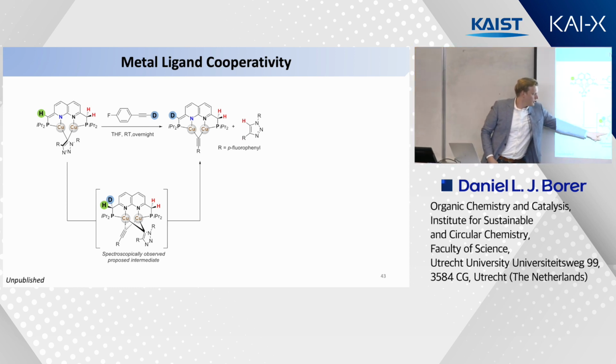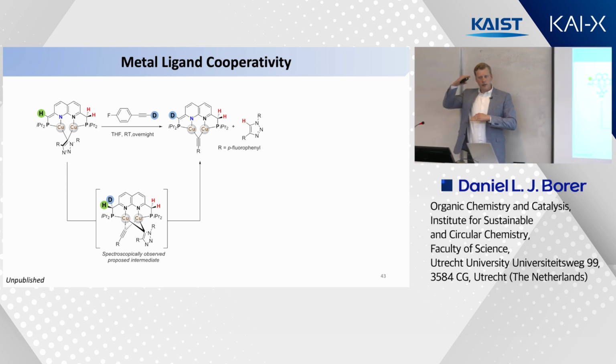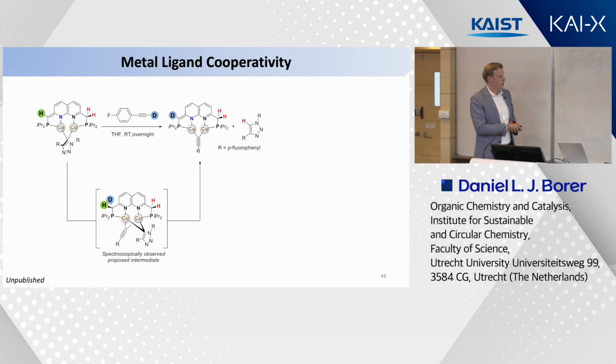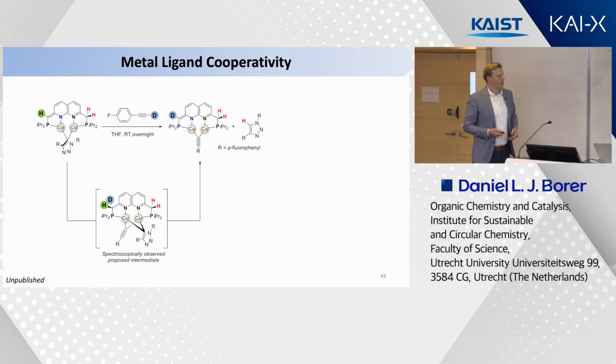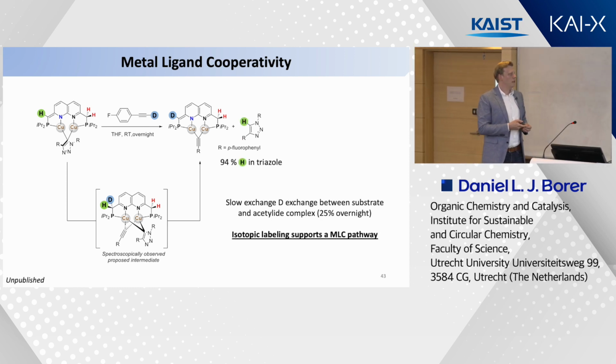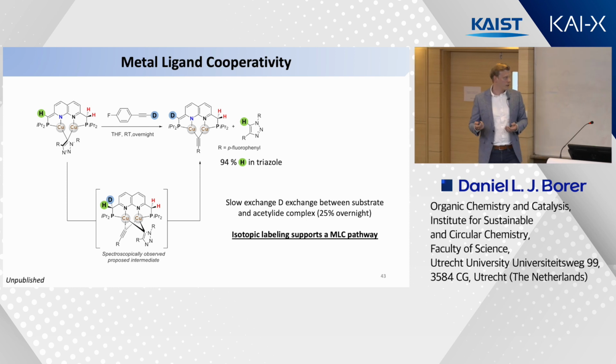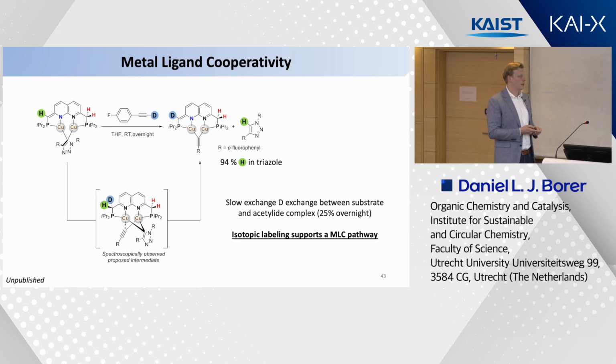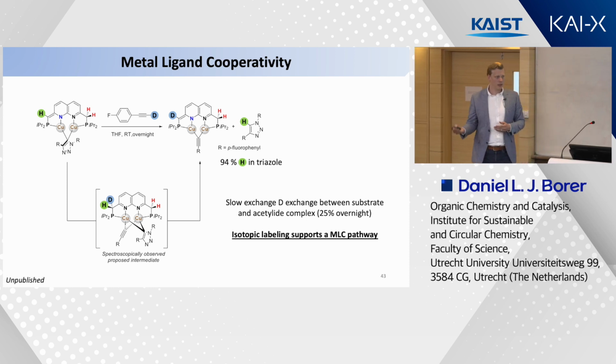The acetylide is behind the naphthyridine and the deuterium is on the back side, but the triazolide is on the other side of the plane and can only take protons and not the deuterium. And that is indeed what we see. We see 94% proteo triazole and 6% deuterated, and that's because on the same time scale but quite a lot slower, we have some deuterium exchange, which we also confirmed independently.